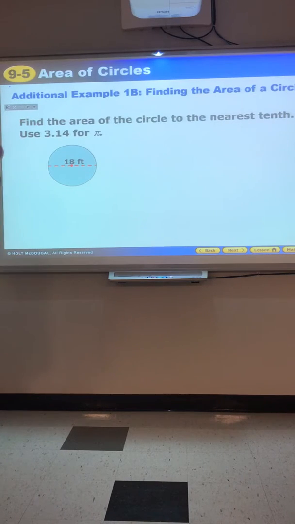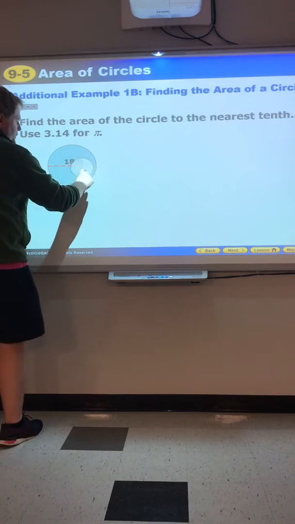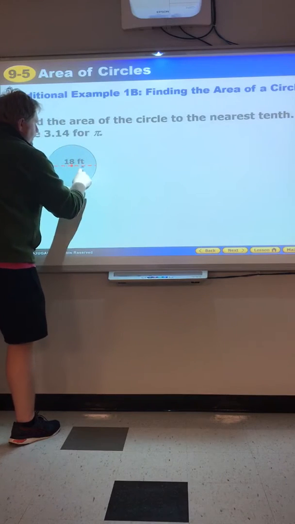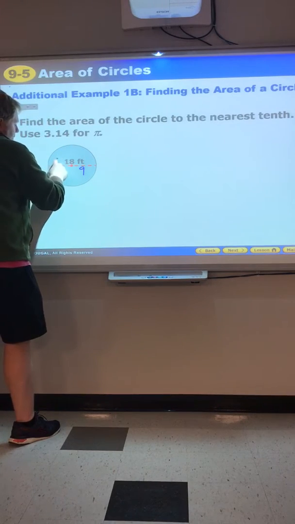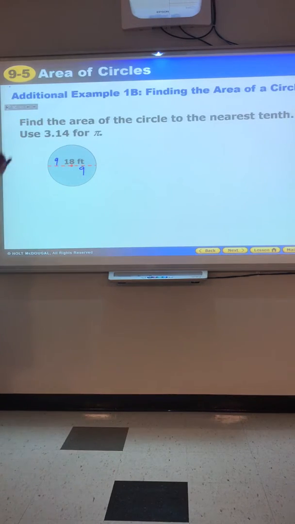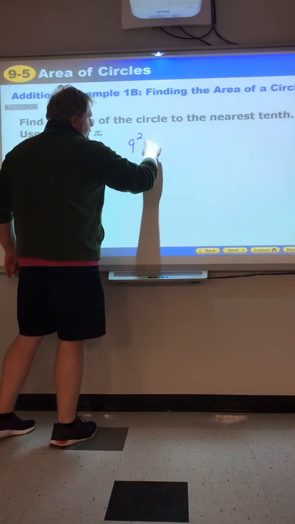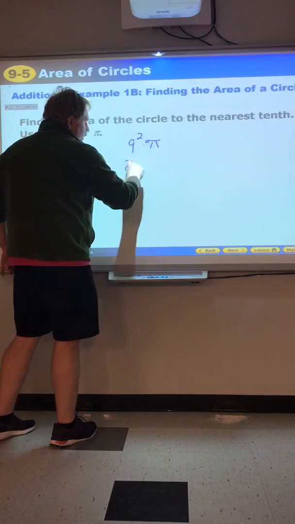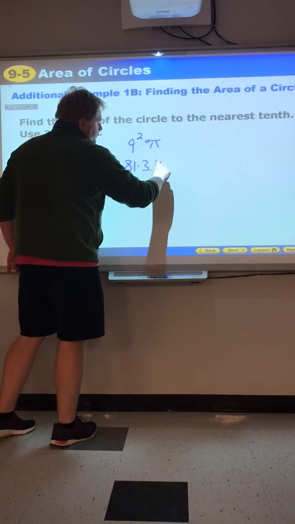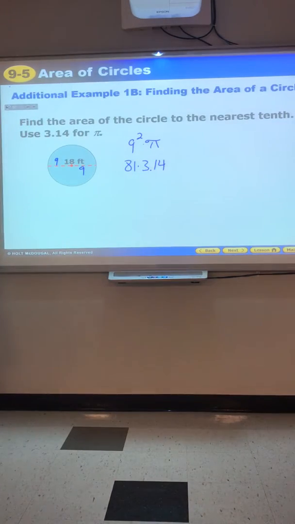This one, the diameter is 18. So we have to think, are we going to use 18? I hope you don't, because we need to use the radius that is 9. We're going to take 9 squared times pi, or 81 times 3.14. Do the math, get the answer.